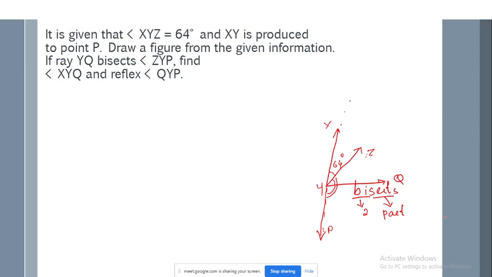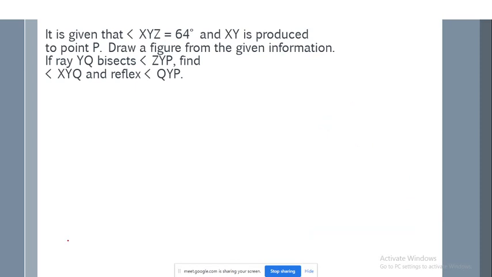So let me show you a proper figure. We are given that angle XYZ is 64 degrees, and XY is produced to P, that is, XYP is a line. Then we are given that there is a ray YQ and it is bisecting the angle ZYP.